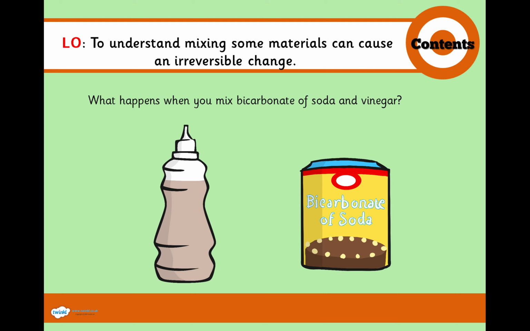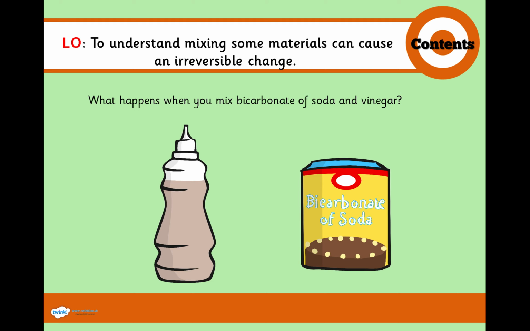Okay, now mixing. You may wonder how mixing can actually be an irreversible change, because sometimes you mix stuff like salt and water, or sand and water as we had before. With these you can evaporate the water and the salt remains in the container, or you can filter the sand out. But this is another type of mixing.